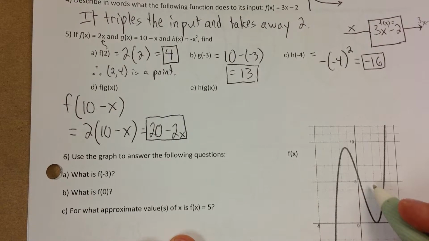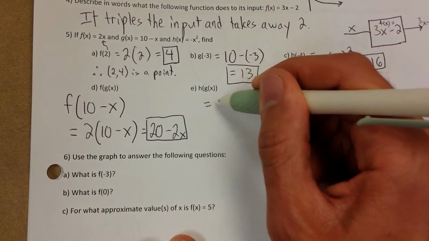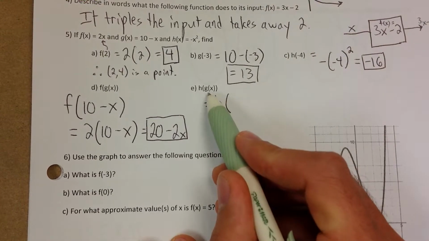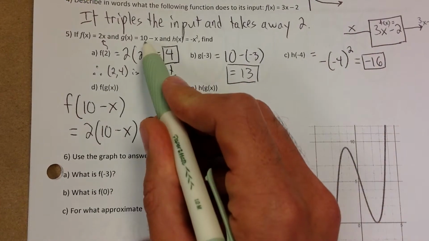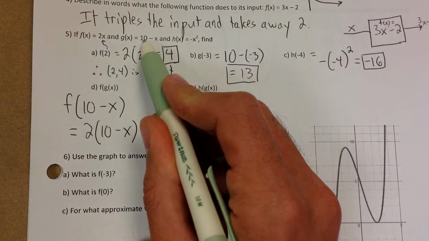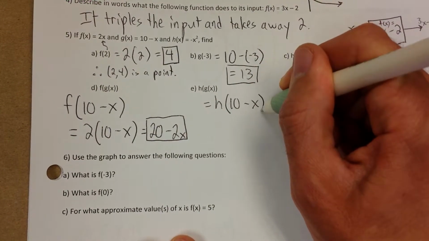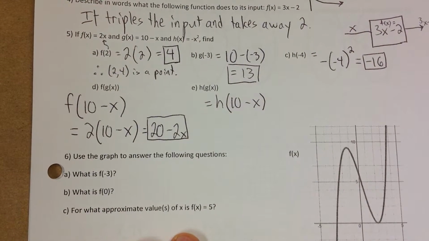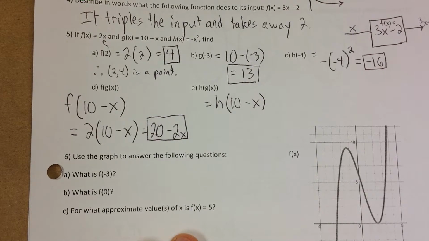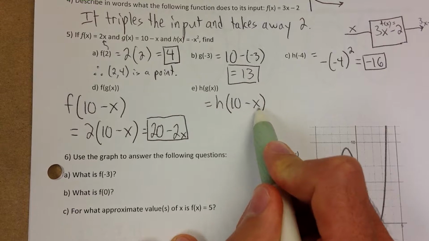This is too complicated for me. Sorry. Well, we're here to learn. So what I recommend is replace g of x with what it stands for. Do you see how it stands for 10 minus x? Yeah. Okay. So it's h of 10 minus x now. Does that help in any way? So then negative x squared. Yep, you're going to use that, but you're going to replace the x with what's inside the parentheses here.